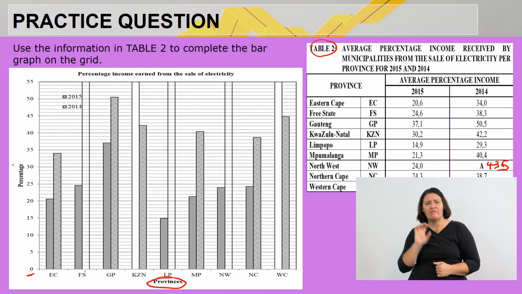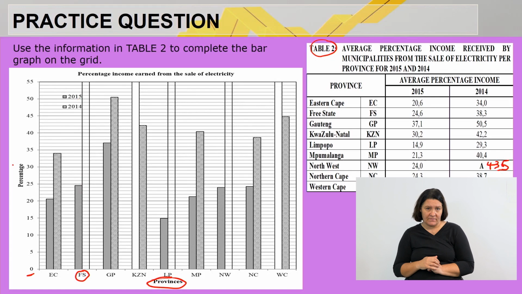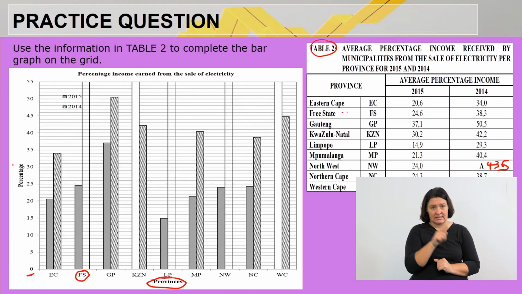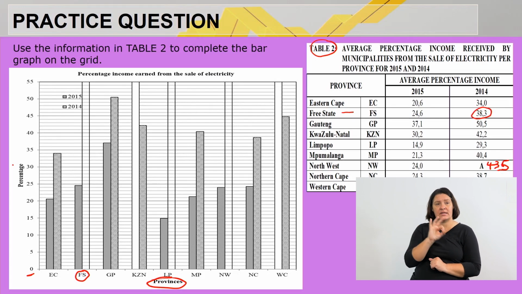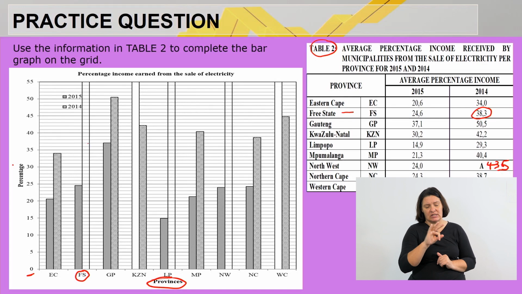Now we have to complete the Free State. But looking at it, 2015 was already completed. We now need to complete 2014. So for the Free State, which is here, I'm looking at 2014. So that will be 38,3%. So if I go now to my bar graph and I look for 38, so there is 35, 36, 37.